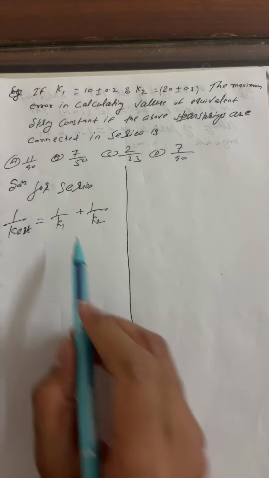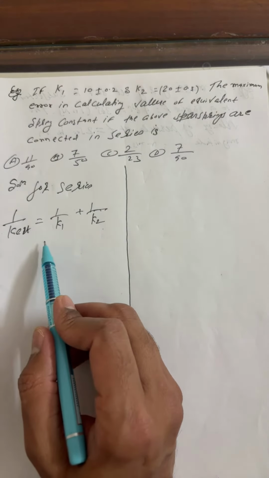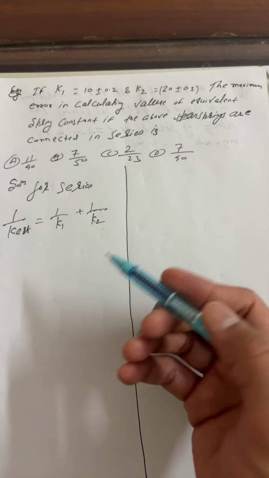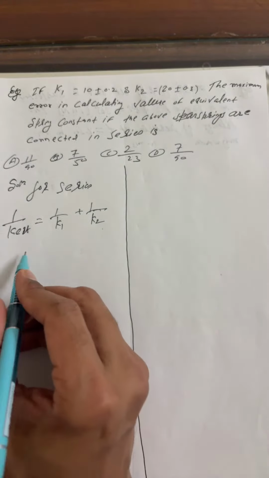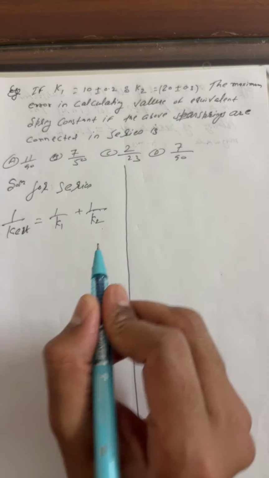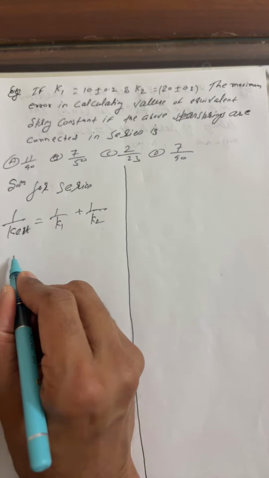Now, I want to use the result directly because time is less here. Or maybe all of you remember the error formula I gave in the classroom. So I'll give a little hint: just take log on both sides and finally differentiate.